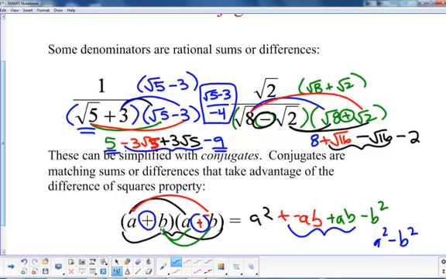So the whole denominator simplifies into 8 minus 2, which is 6. And then that whole numerator is root 2 times root 8, which is root 16, which is 4. And root 2 times 2 is root 4, which is 2. So the whole numerator is 6. So ironically, this whole entire thing is just 1.